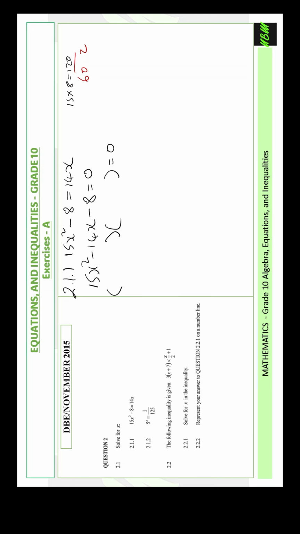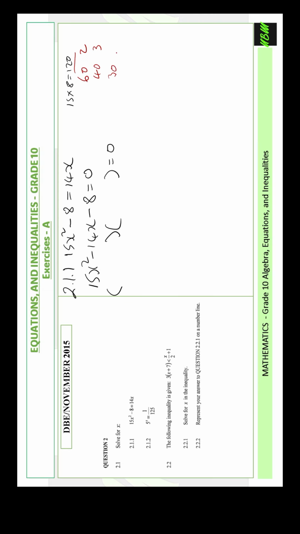Then we move on. Let's find another pair. Let's check 120 divided by 3. 120 divided by 3 is 40. Therefore, 40 multiplied by 3 will give us 120. But will this pair of 40 and 3, when we subtract, give us 14? No. Then we check another pair of factors. 120 divided by 4 is 30.